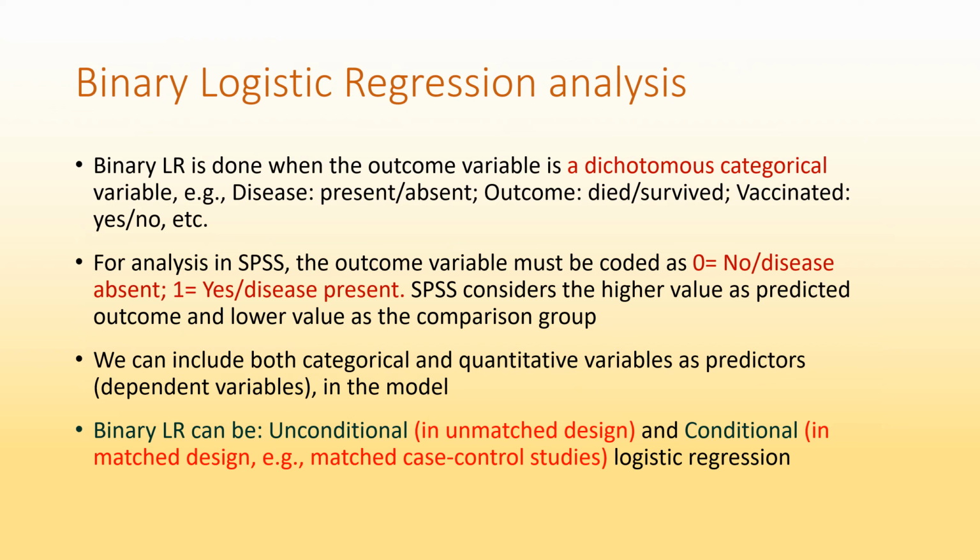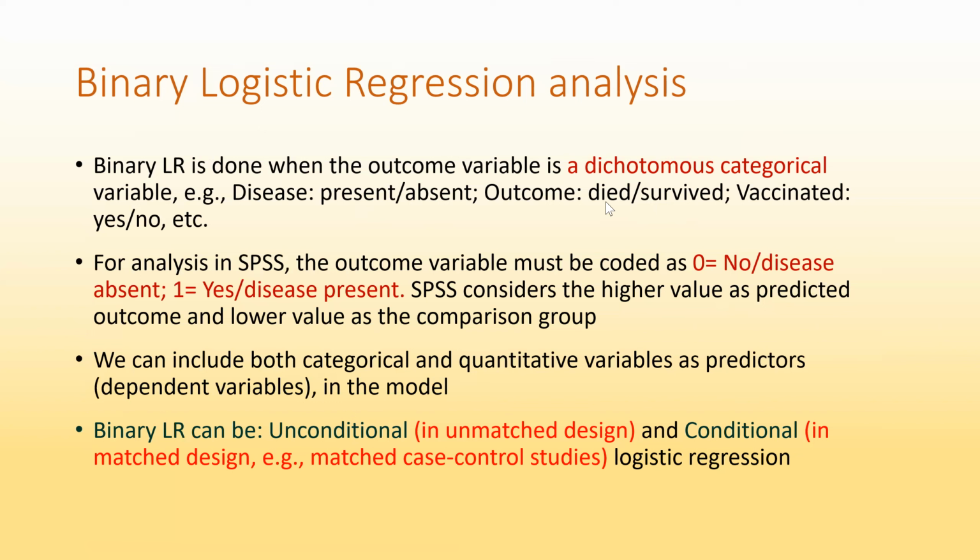Remember that if we want to use logistic regression, our dependent variable has to be coded as 0 equal to no. For example, if I say disease present, absent, so absent should be coded as 0, disease present should be coded as 1.